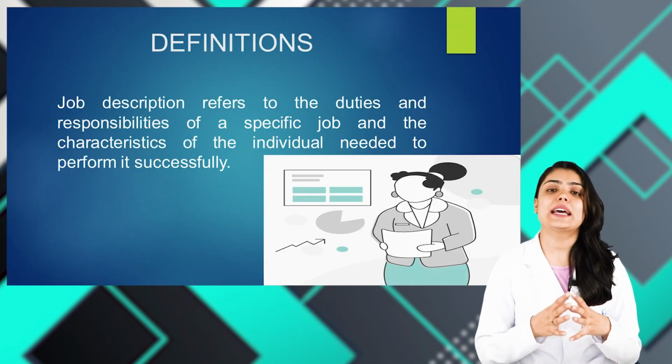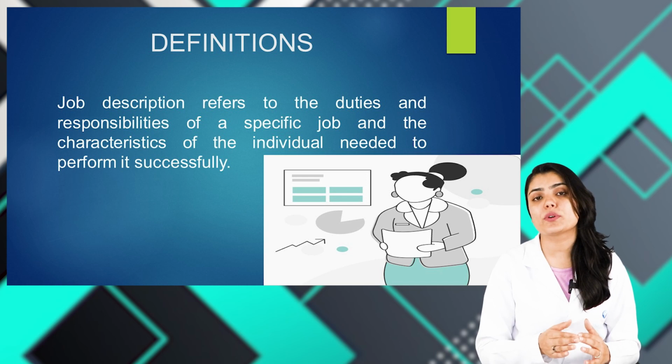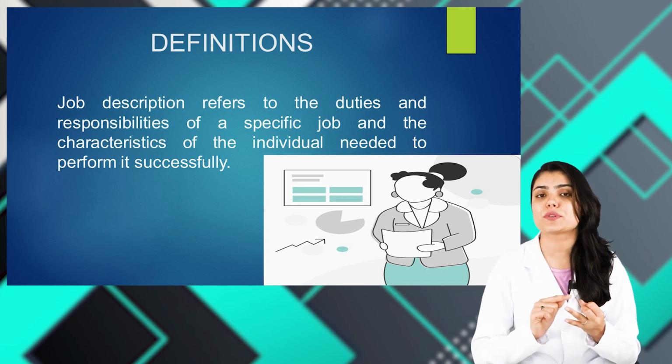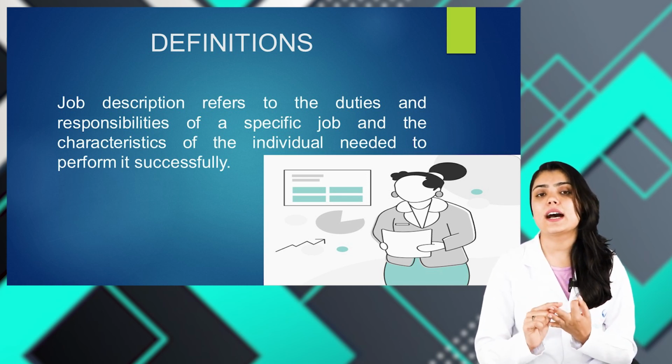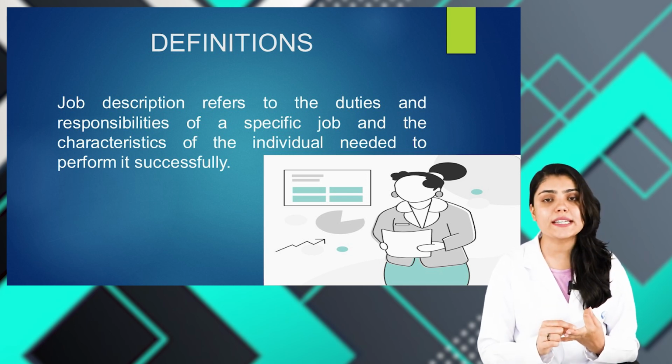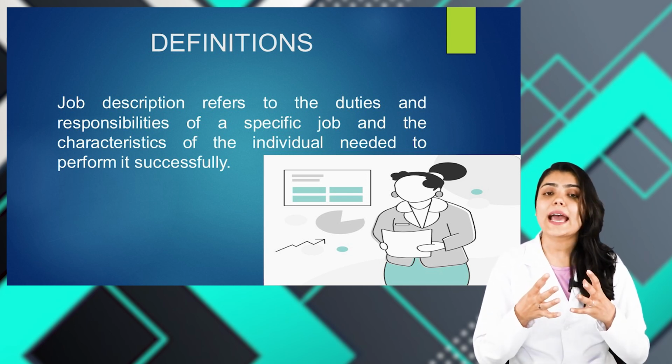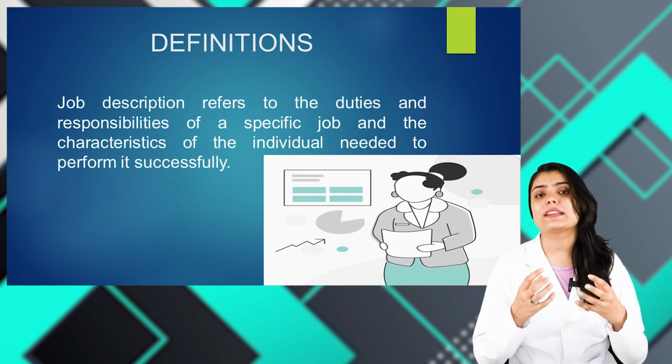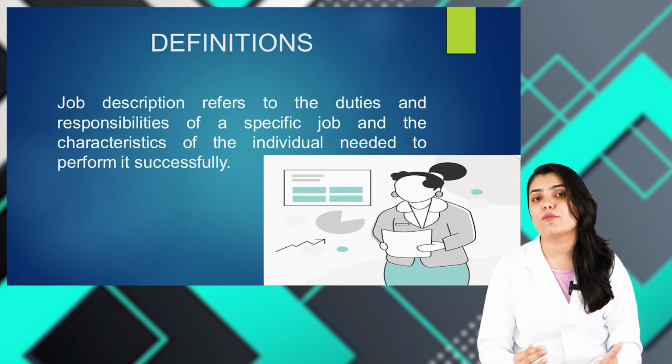Moving on, let us see the definition of job description. You can see on the screen that a job description refers to the duties, responsibilities, and tasks to be carried out by the individual who is appointed, and also the characteristics of an individual that are required in order to perform the job.